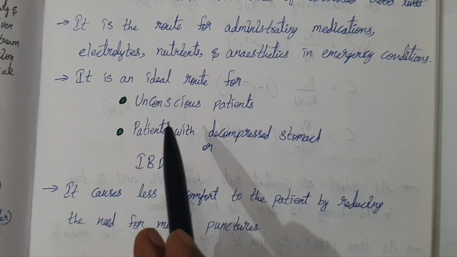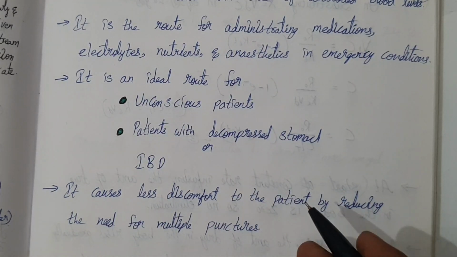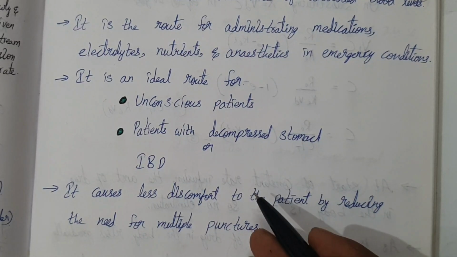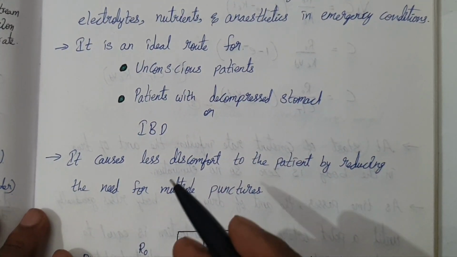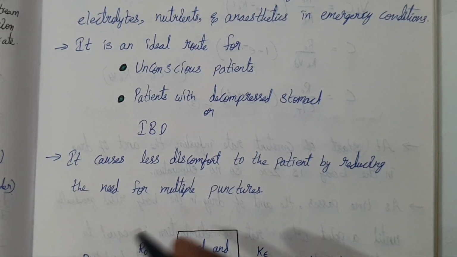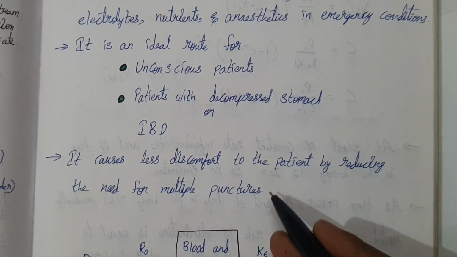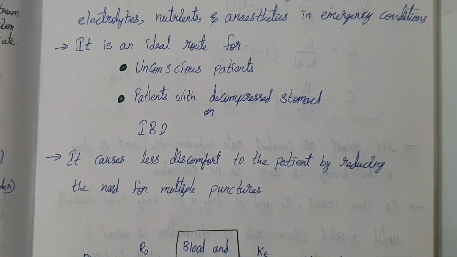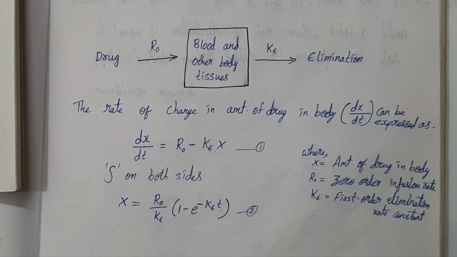This route is ideal for unconscious patients who cannot take oral medications, for example, ICU patients. IV infusion also causes less discomfort to the patient by reducing the need for multiple punctures, as we saw in the IV bolus.